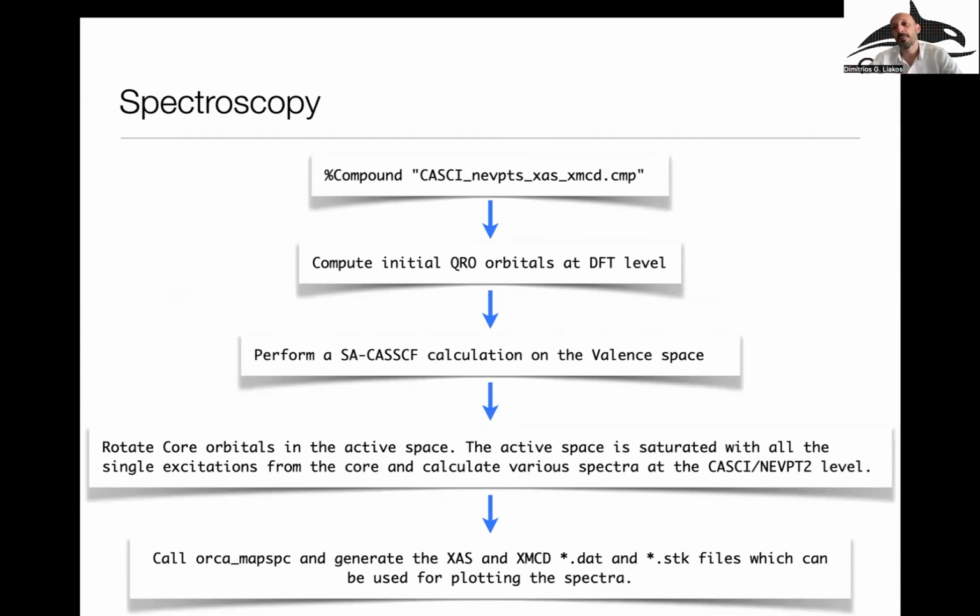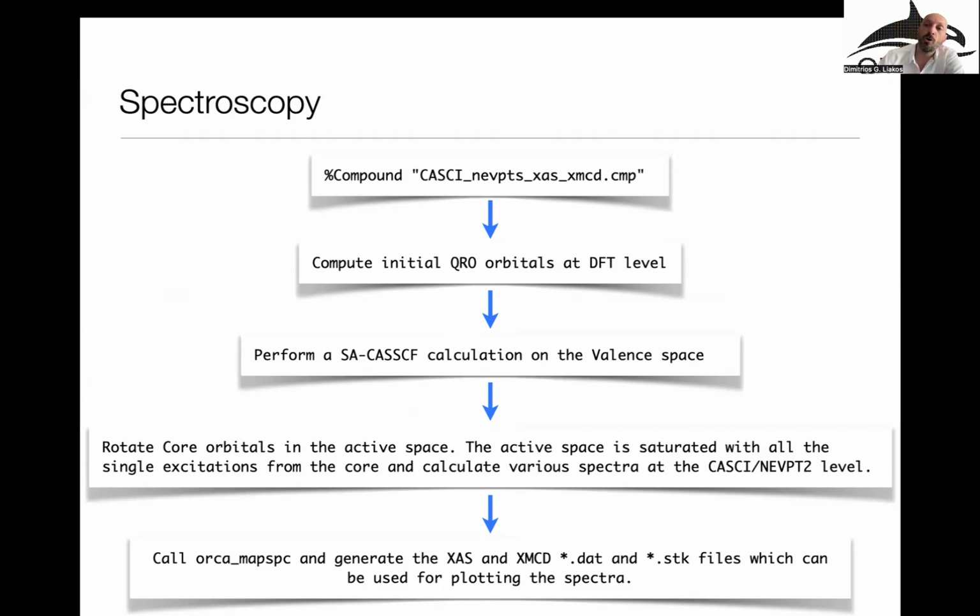This is a script that Dimitrios Liakos wrote, and it will calculate the XMCD and XAS spectrum. It will compute the initial QRO orbitals at DFT level. Then it will perform a state-average CASSCF calculation of the valence space. It will rotate orbitals in the active space and do an FPT2 on top of that.